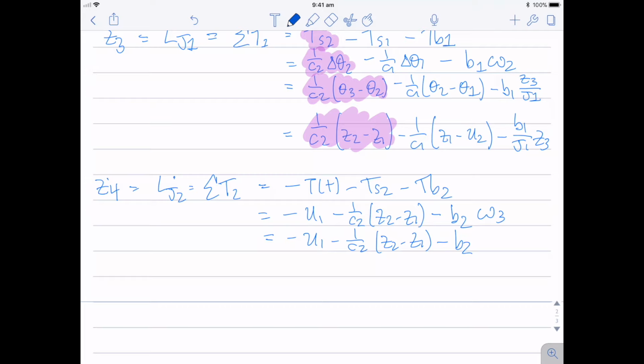So much like we had before, B1 on J1, in this case we're going to have B2 and it's going to be 1 on J2 Z4. So 1 on the second inertia multiplied by the angular momentum of that inertia, which is Z4 or L2.